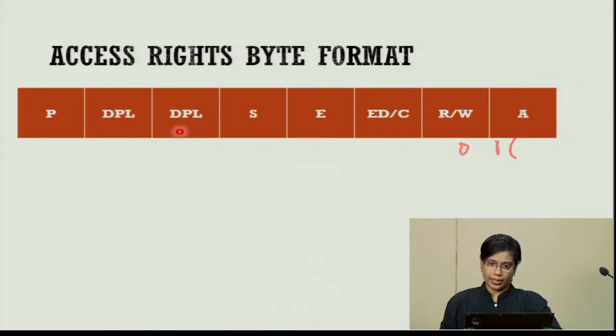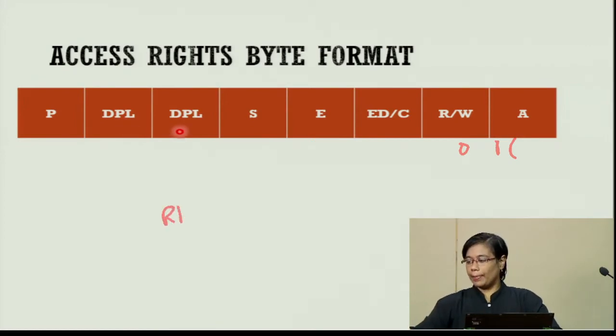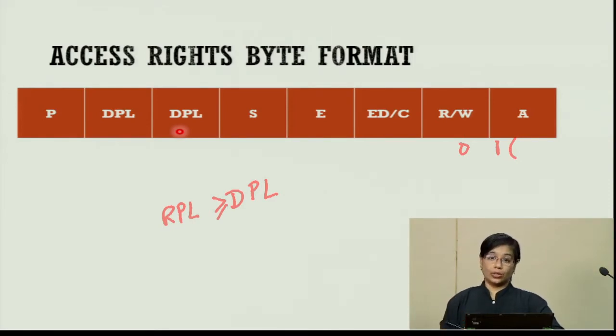I'm not talking about the value, but about the priority level. If the RPL is of a higher or equal priority level compared to the descriptor privilege level, then access to the segment is going to be allowed. Otherwise, access to that particular segment will not be allowed.